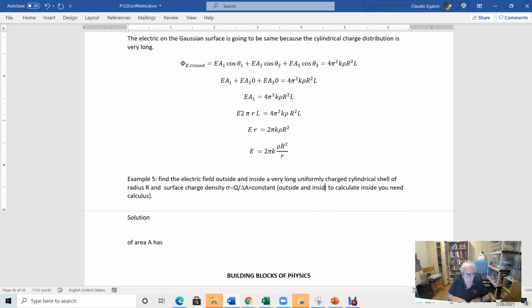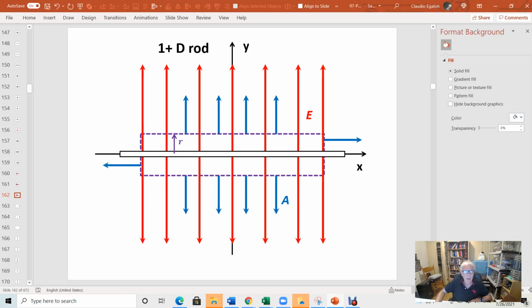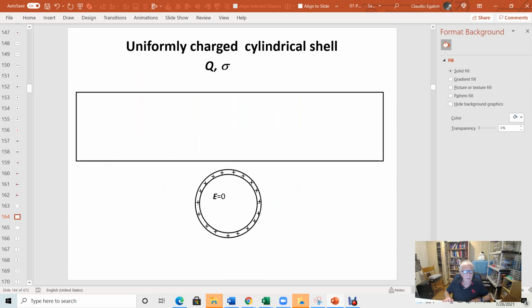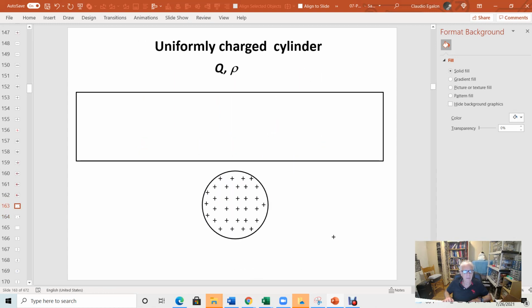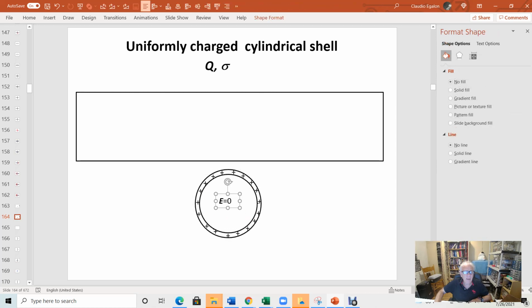I'm gonna do just inside because this one inside is similar to what we saw for the spherical shell. Here you go. That's the solid cylinder, right? What about this one? This one is a cylindrical shell. You have charges only here on the outside. The electric field on the inside is 0.